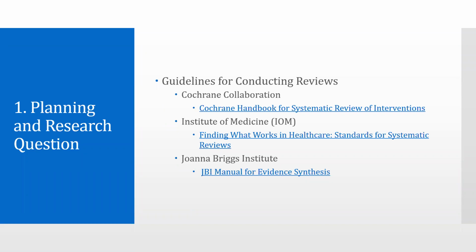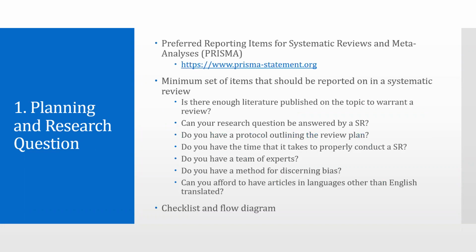All of those manuals are online, sectioned out chapter by chapter. We also have these resources in the library here, so we can help you with that as well. And then, of course, if you're familiar with the PRISMA reporting standard.